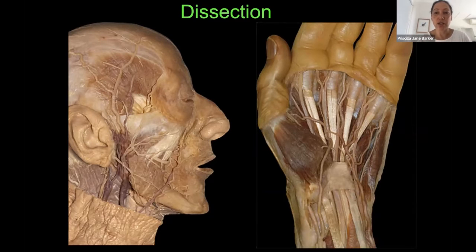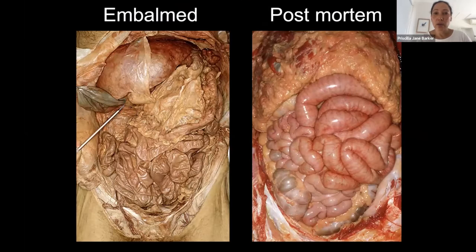Then in the trunk, so this is the abdomen here, we cover unembalmed or post-mortem anatomy as well as embalmed, and you can see they appear very differently. So the small intestine, for example, and the large intestine look really easily distinguishable on autopsy, but on the embalmed it's quite tricky to see the difference between the two.